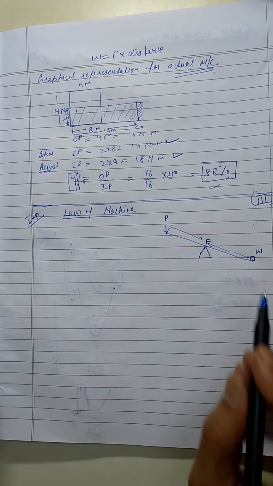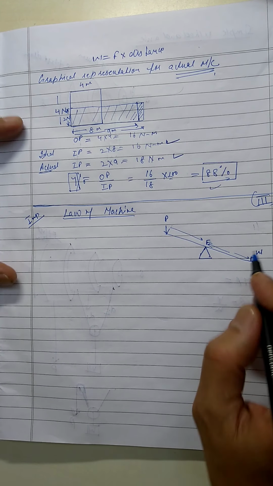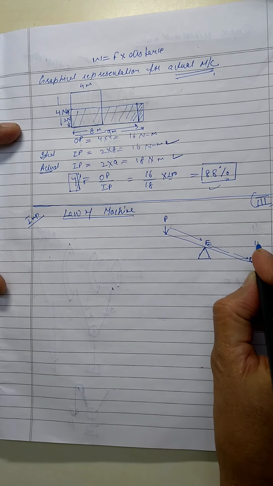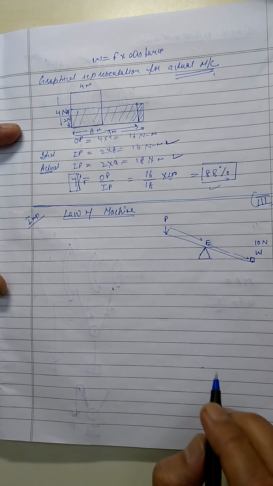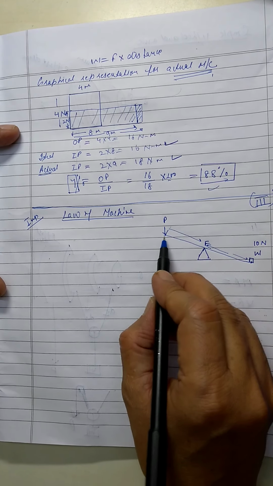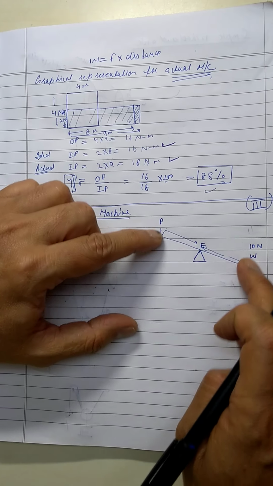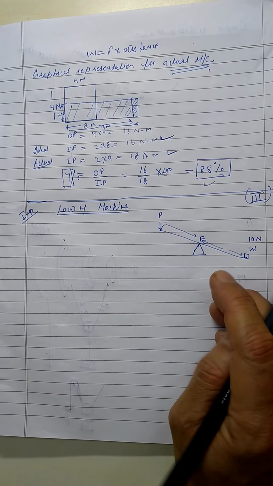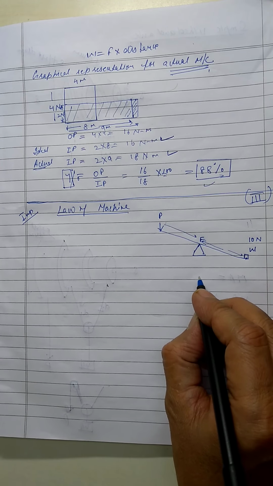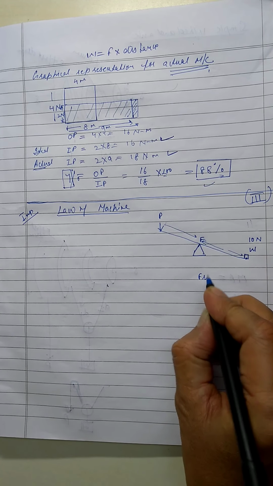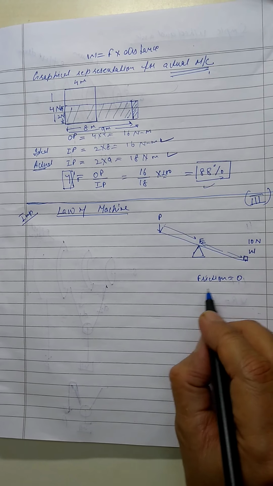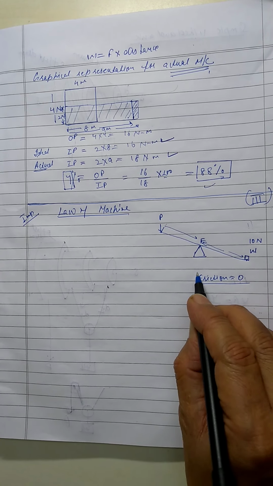Now suppose the weight is 10 Newton. We have to apply the effort to lift this weight. Let us assume that the machine is an ideal machine, and in an ideal machine friction is equal to 0. There is no friction in an ideal machine.